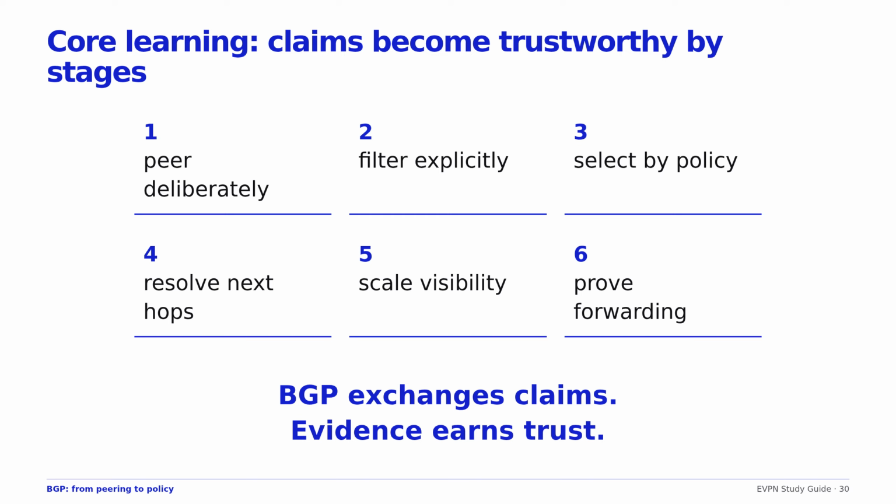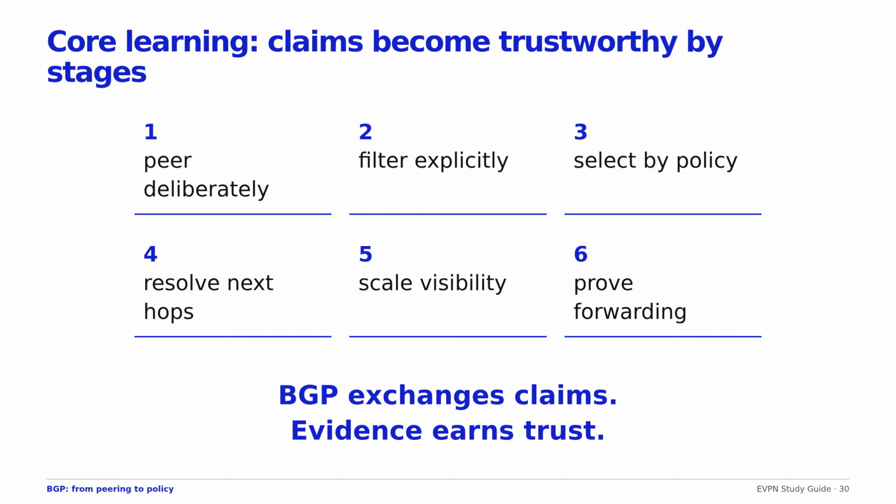IBGP distributes that decision internally. Route reflection scales visibility with design consequences. MP-BGP types the reachability so EVPN can advertise overlay objects. Explicit policy and layered protections bound what enters and leaves. None of those statements alone proves packet delivery.